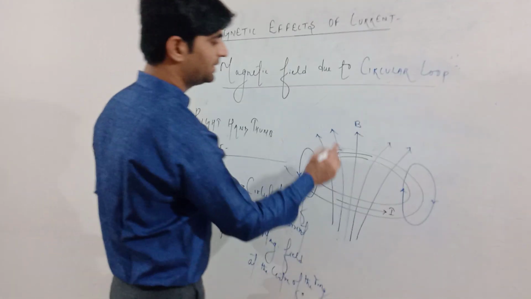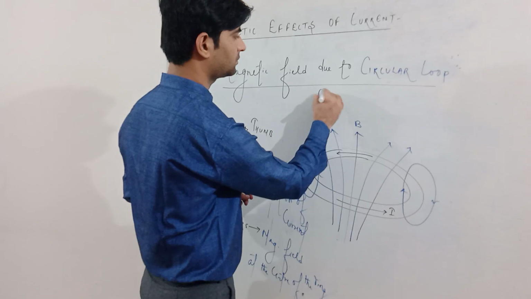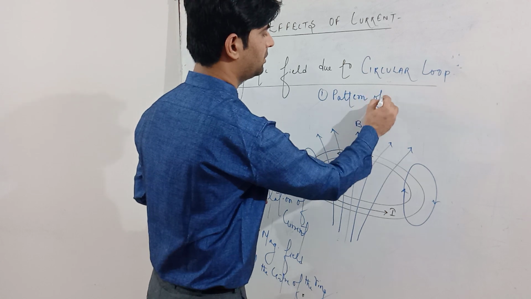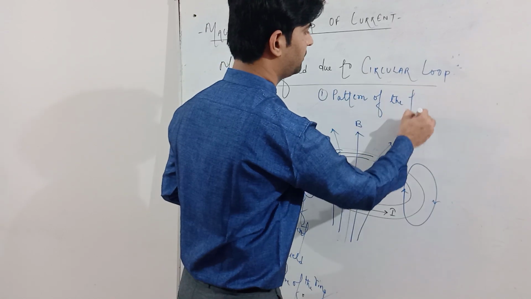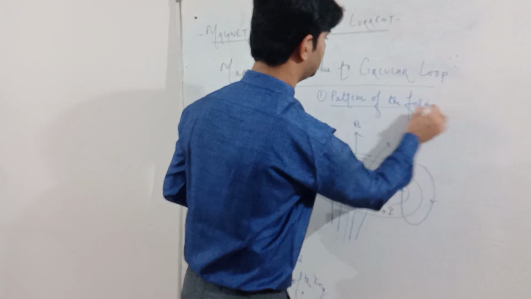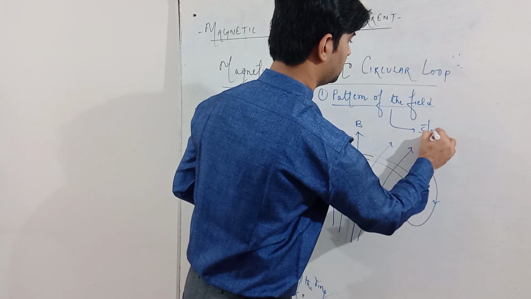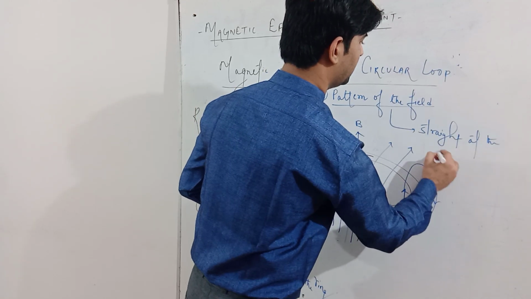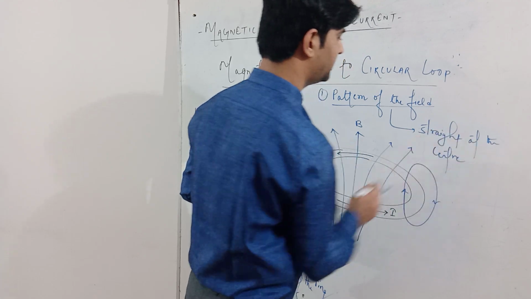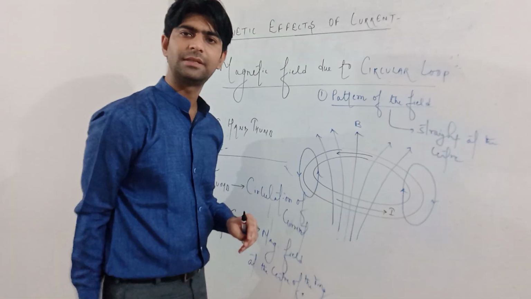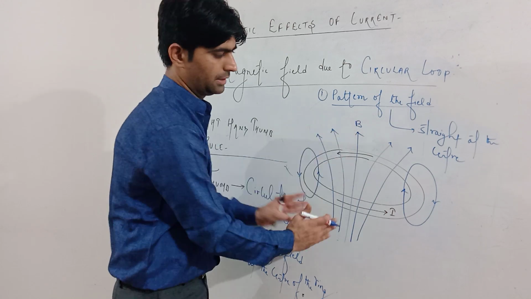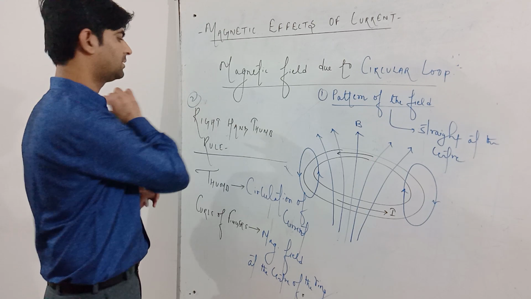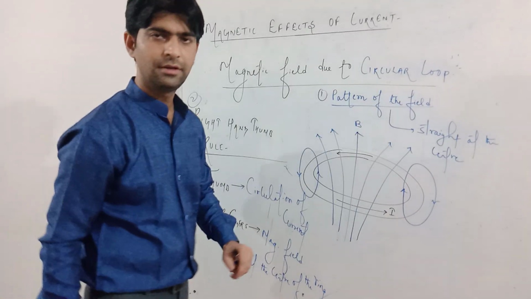So the pattern is clear: the pattern of the field is straight at the center, and when we move away from the center it will bend in a circular form. Okay, so this is the second point, right hand thumb rule, and the pattern of the field we have seen.